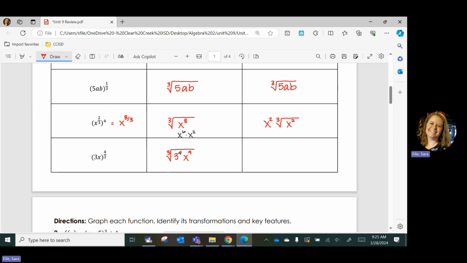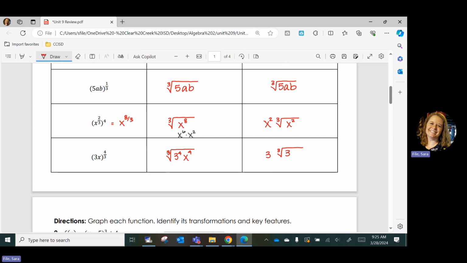You could do the same thing here and just worry about how many times the 3 goes into it. That actually might be easier than getting the large number and then trying to simplify. So 3 goes into 4 once. So that means 1 three gets to come out, 3 to the 1st power, but you're going to have 1 left over. So a 3 has to stay underneath as well.